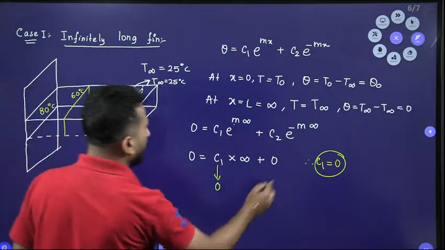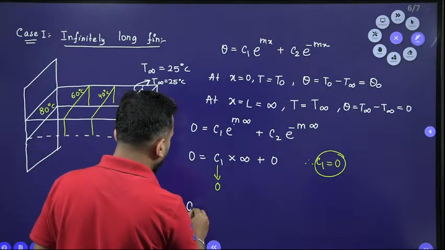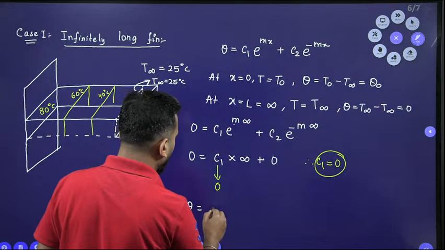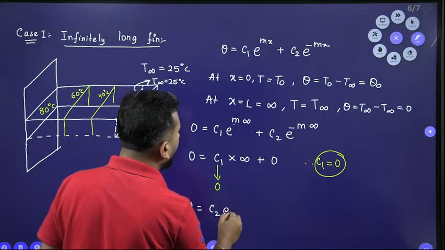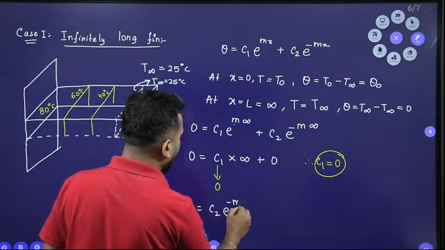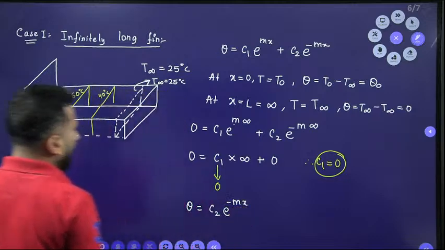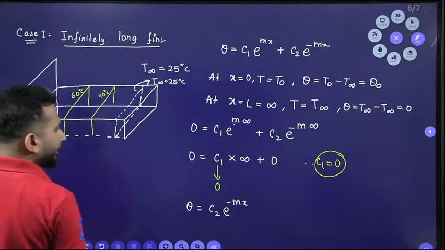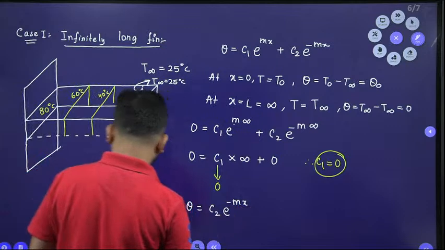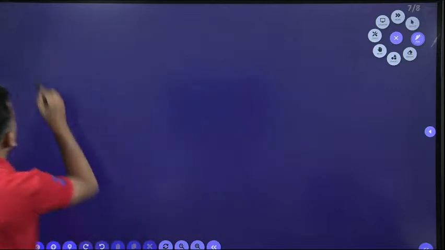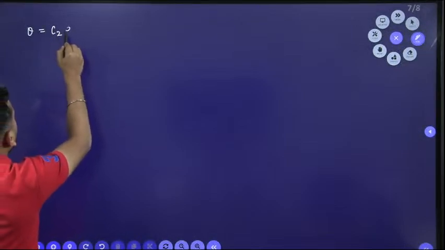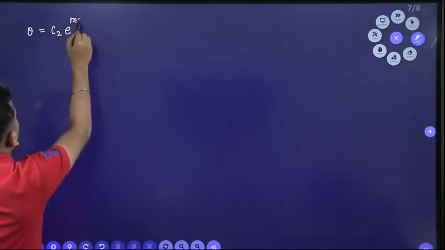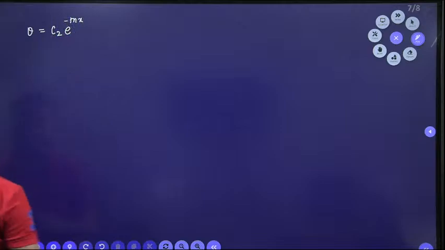So C1 is 0. So what is theta now? Theta is equal to, C1 is 0, so C2 e to the power minus mx. So theta is equal to C2 e to the power minus mx.